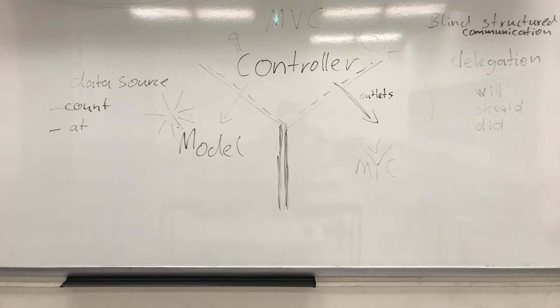A nice thing about using a data source protocol between the two: maybe we have tweets or users, and we want to reuse the same list to display the tweets or the users.